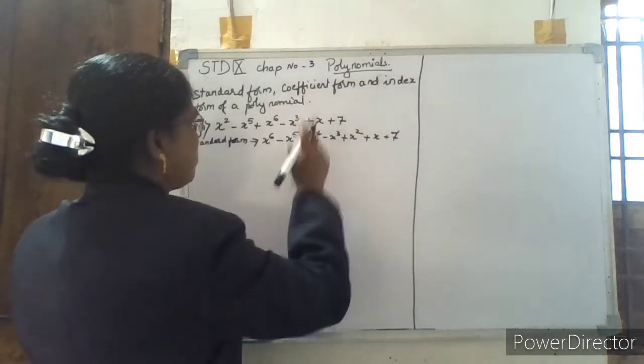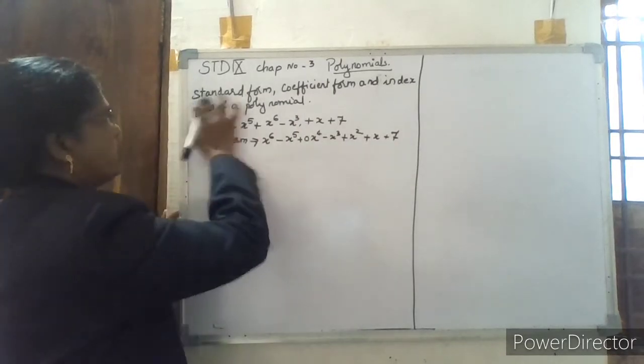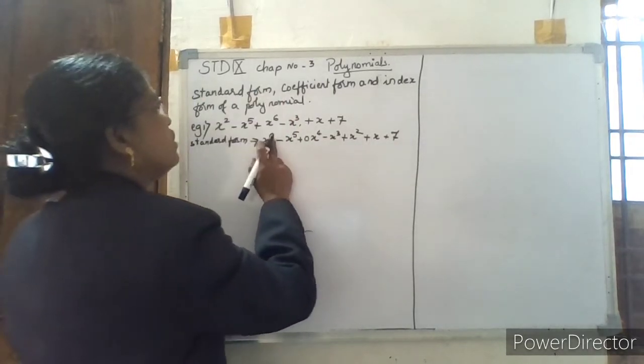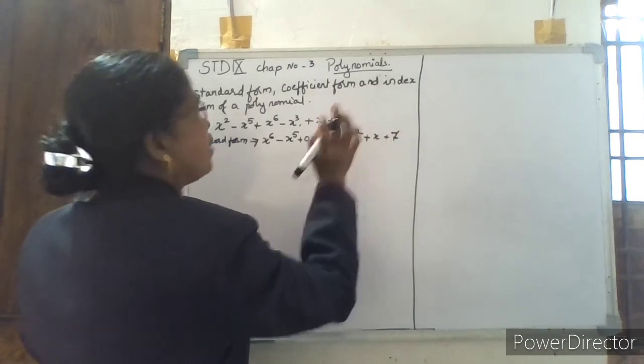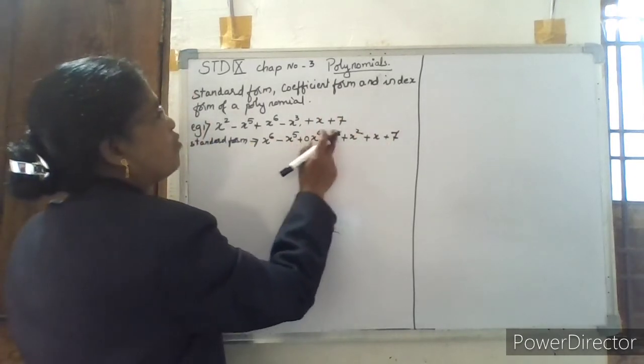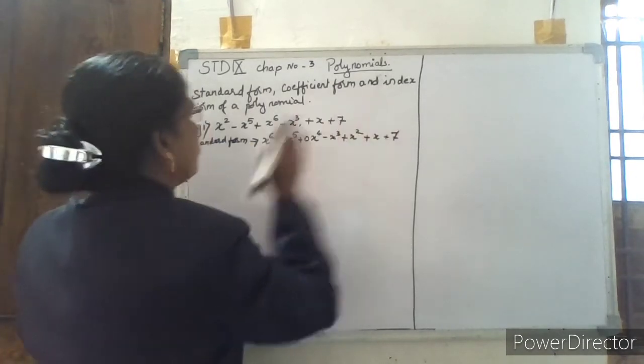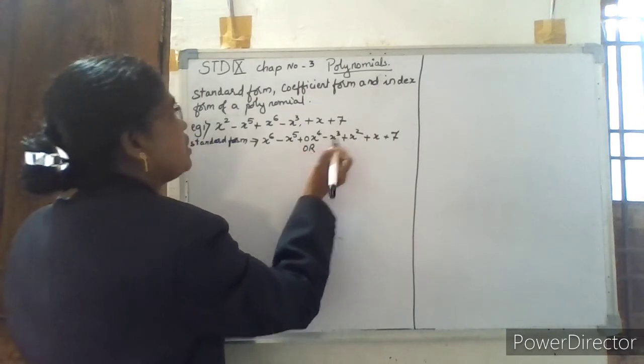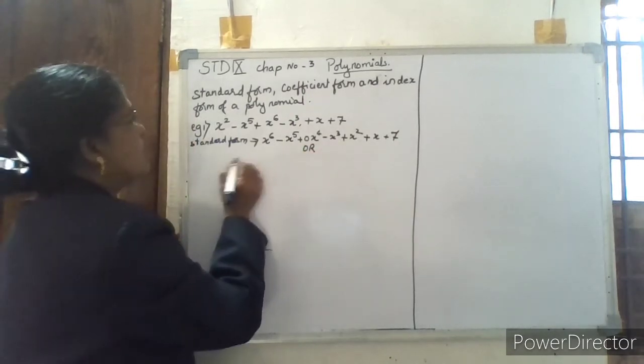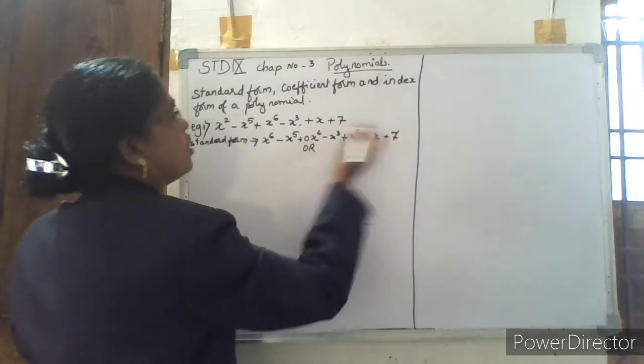Now, standard form is over. It is in descending order of the variable. See 6, 5, 4, 3, 2, 1 and 0. Or it can be arranged in ascending order also. Generally, standard form is written in descending order of the power of the variable.